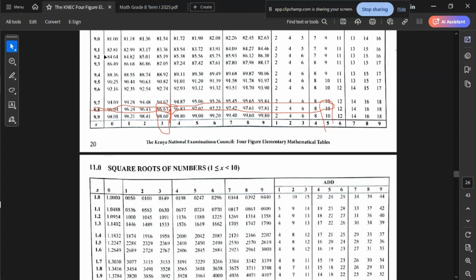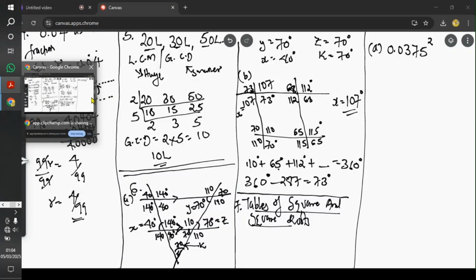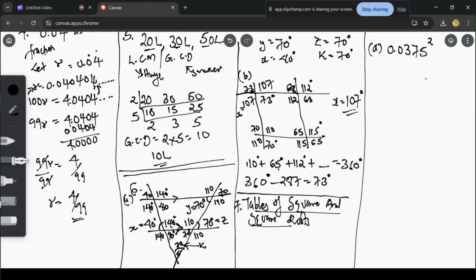Now that mine doesn't fit, this is what I do. A very important step here. The table of squares begins from 1 and ends with 9.9, and this number is not found in the table.